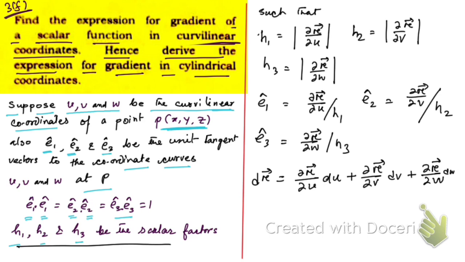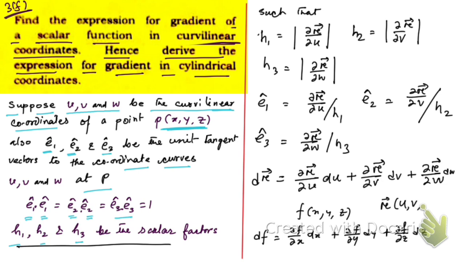Hope you have understood this. As we know, suppose we have a function of x, y and z, then we can write df equal to del x of f dx plus del y of f dy plus del z of f dz. Hope you know this. Now this r is a function of u, v and w, so we can express it this way. Hope you have understood this. Now let me clean this.